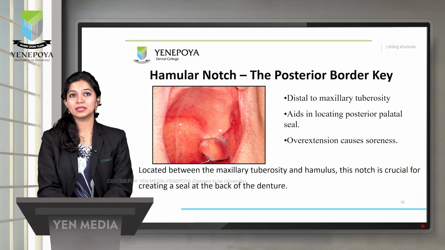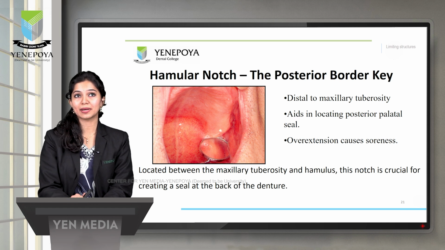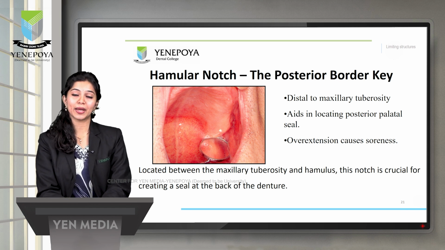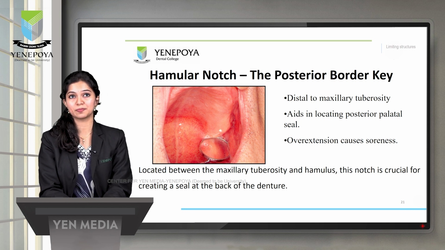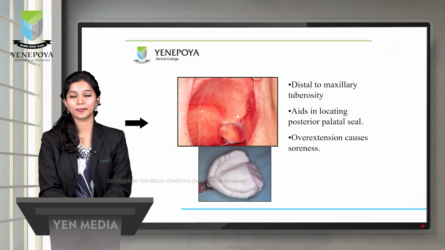Located between the maxillary tuberosity and the hamulus, this notch is crucial for creating a seal at the back of the denture. So this is a structure located just behind the maxillary tuberosity, and it's between the maxillary tuberosity and the hamulus part of the maxilla. So that's the hamular notch.